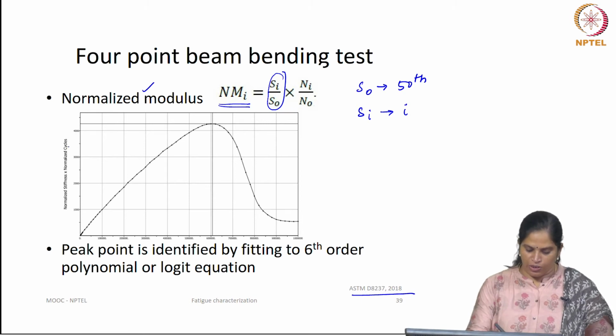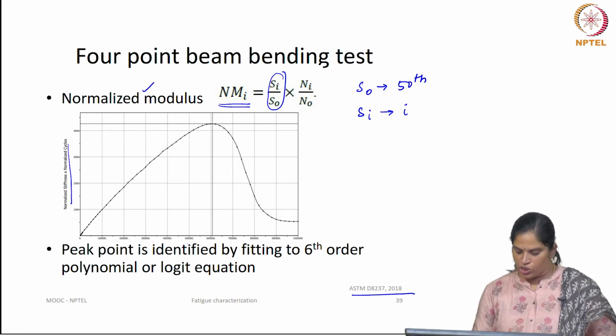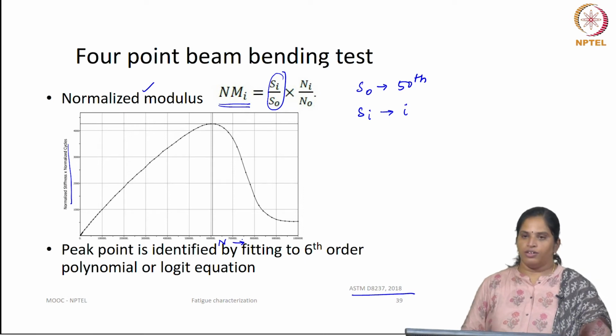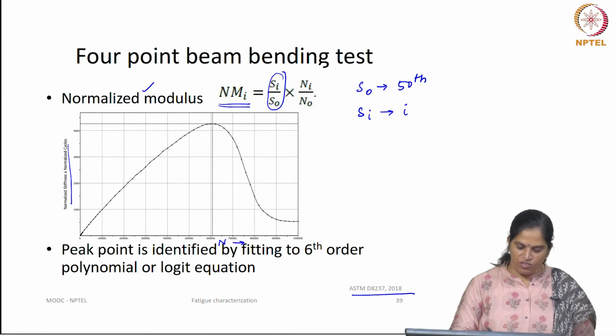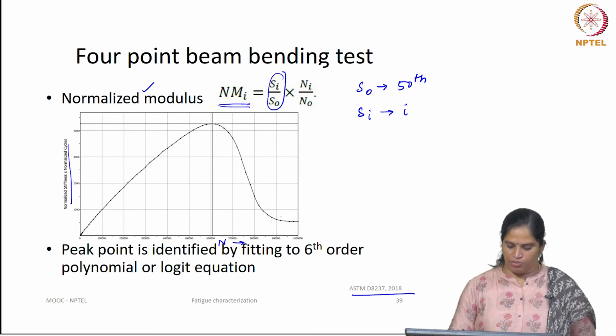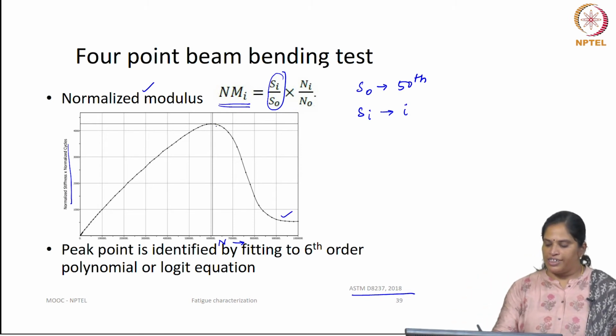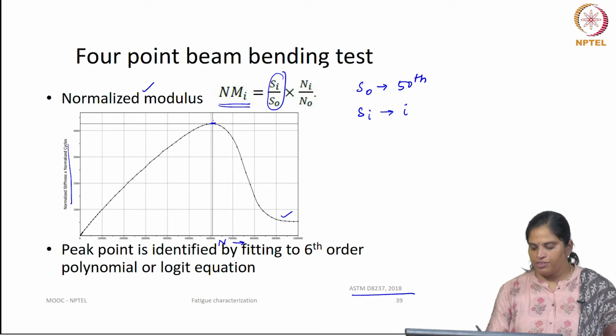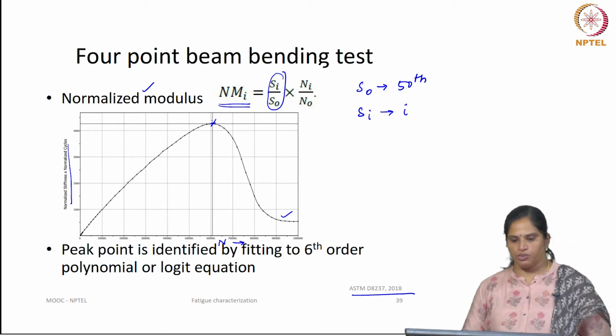So, when you plot the normalized modulus as a function of number of cycles, where the x scale here is N, you will get the normalized stiffness plot with this trend. Identify the peak point, and this peak point is assumed as the failure point.